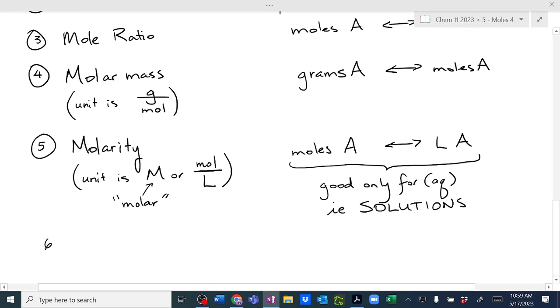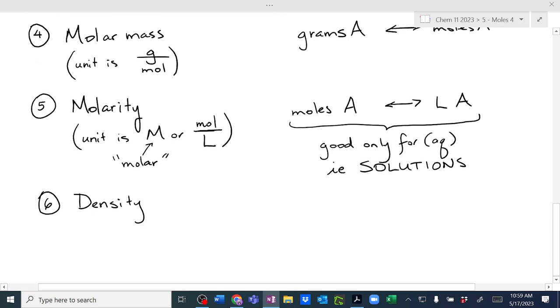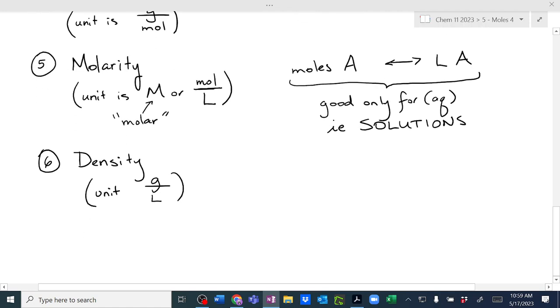Okay, we learned another one last Friday. We did some practice on Monday. Do you remember what it was? Density. What is the unit of density? It is grams over liters, or it could also be other mass or volume units.